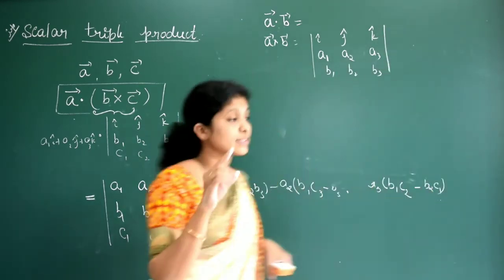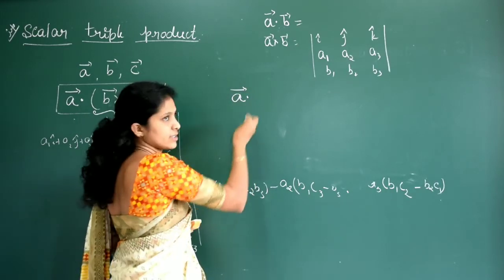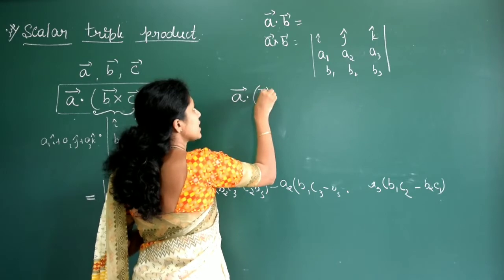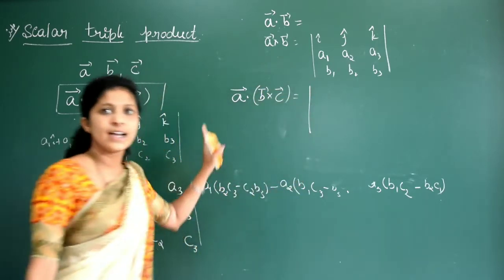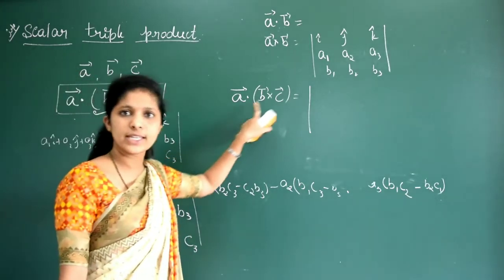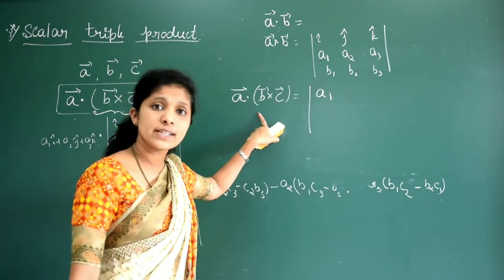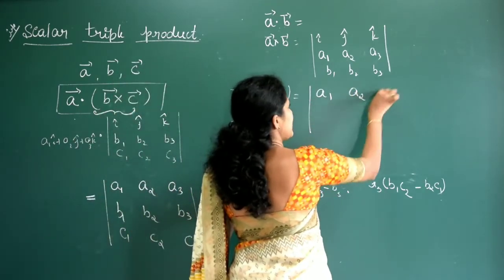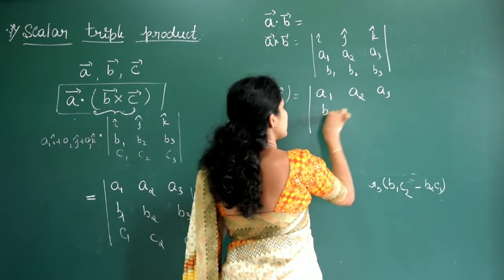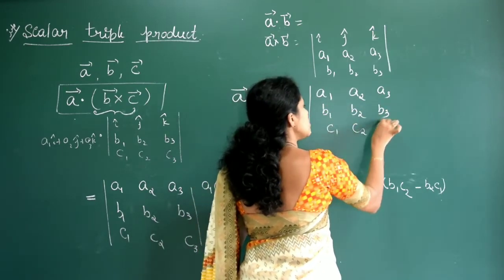Now to find the scalar triple product, three vectors will be there. A vector dot B vector cross C vector is equal to the determinant where you just write the coefficients of these vectors. Since this gives you one scalar, all the values should be there: A1, A2, A3, B1, B2, B3, C1, C2, C3.